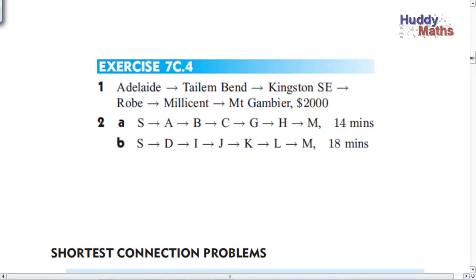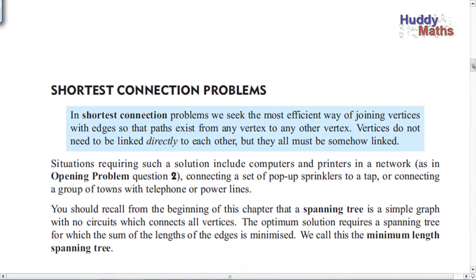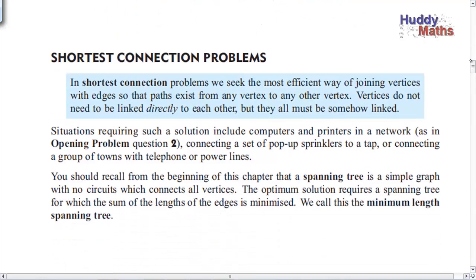Right, let's go on to what is probably more practical, and that's shortest connection problems. So we're seeking the most efficient way of joining vertices so that paths exist from any vertex to any other vertex. Vertices do not need to be directly linked. They must all be somehow linked.